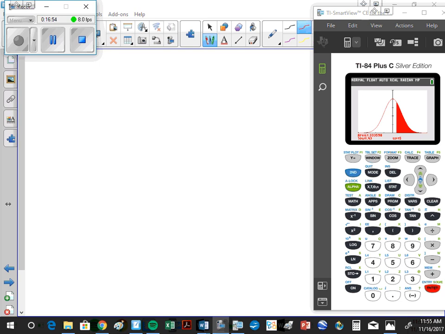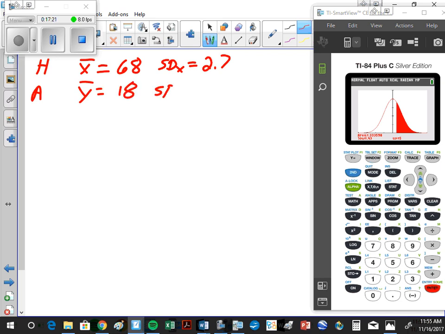All right, number 3, we have heights. We have x bar equaling 68 with an SDX of 2.7. And then we had forearm lengths, y bar equals 18 with an SDY of 1, and my R is 0.8.